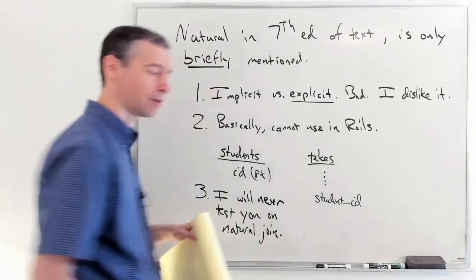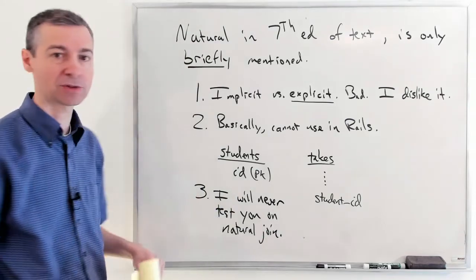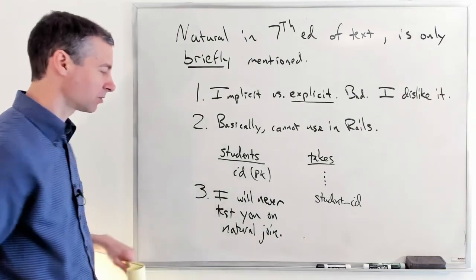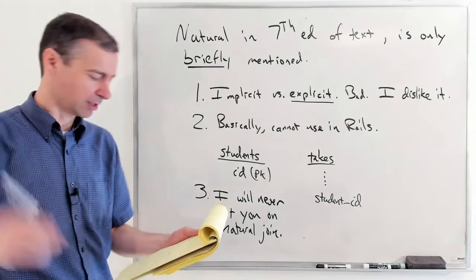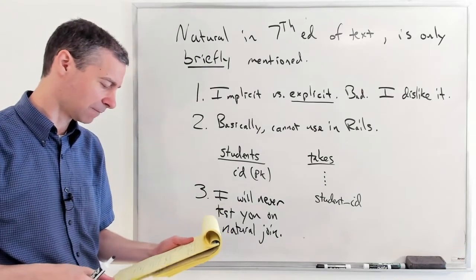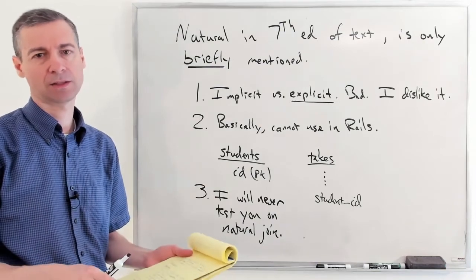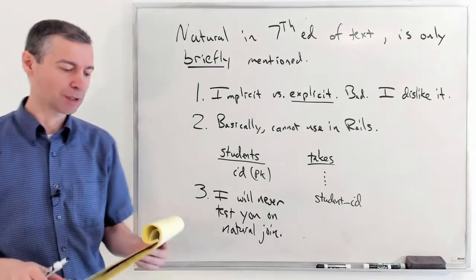I'll try to avoid having it in the homework, but I might make a mistake. But I won't test you on natural join. So the tests that we have in the course, I will not have any natural joins. And so now most of you can go, whew, I don't really need to know about it. And then you're going to say, why the heck did you talk about them in tutorial? That was a miscommunication on my part.